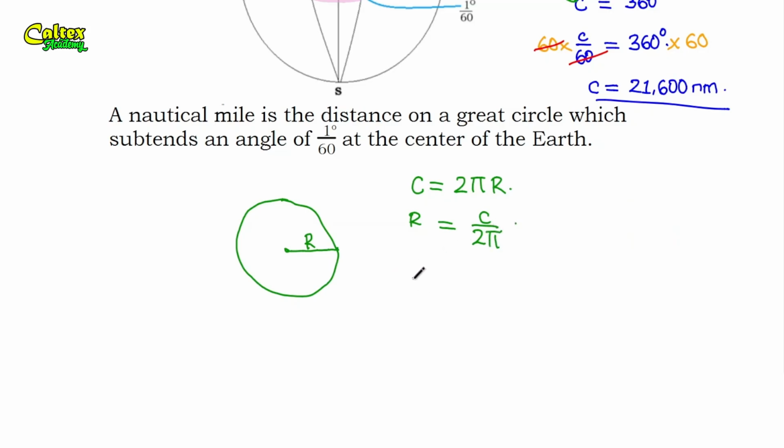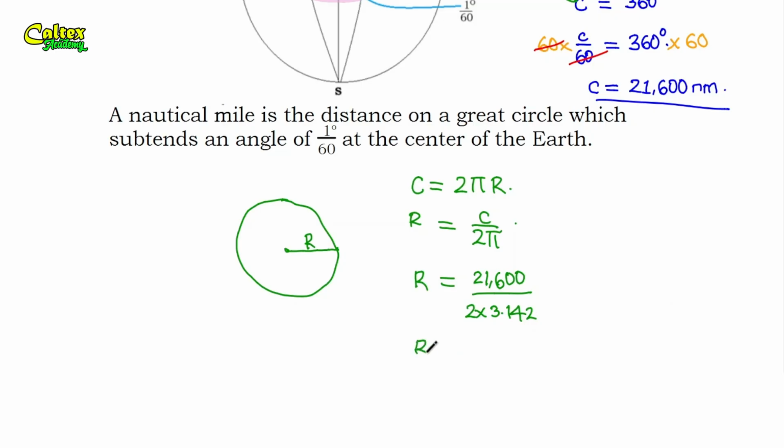From here, we can make some substitution into the formula, and c is what we have gotten here, that is 21,600 all over 2 times the value of pi, which we quoted earlier as 3.142.